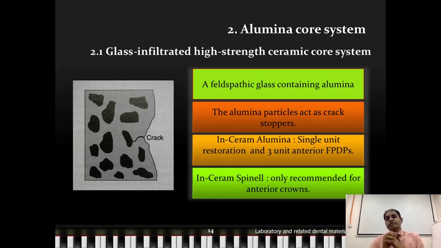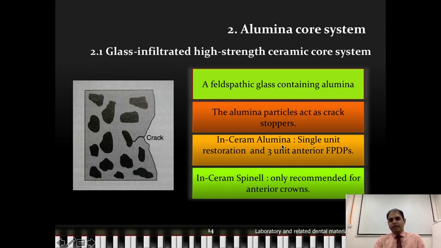The second one from the crystallization phase classification is the aluminum core system. It is again a mix of glass ceramic with alumina. So you have silica quartz or other inorganic compound mixed with feldspar, and it has an alumina core. If you can see in this picture, inside the ceramic you have an alumina core which can prevent cracks. It is a crack stopper. In the market there are two systems available.